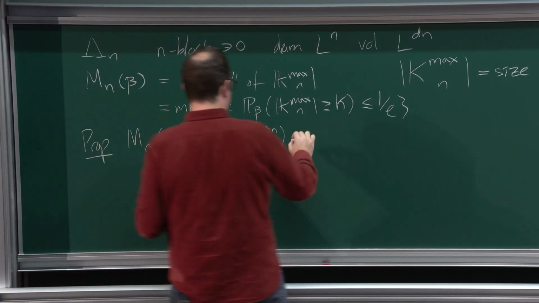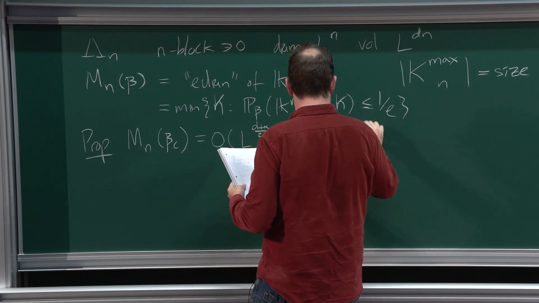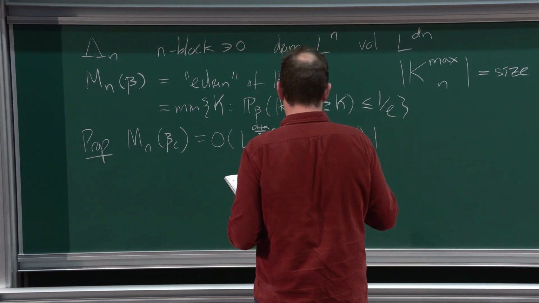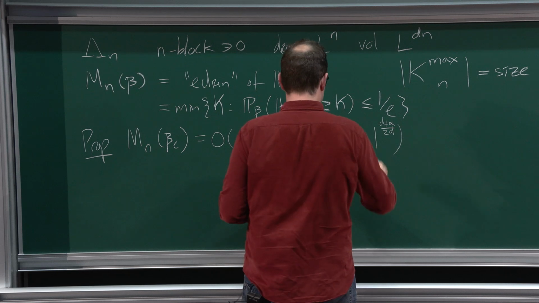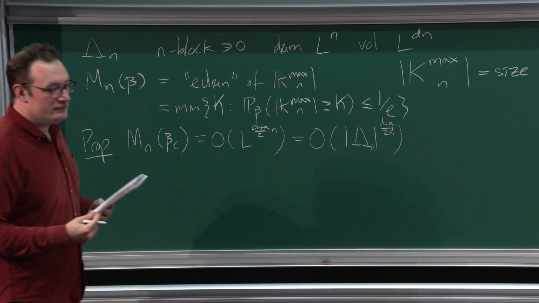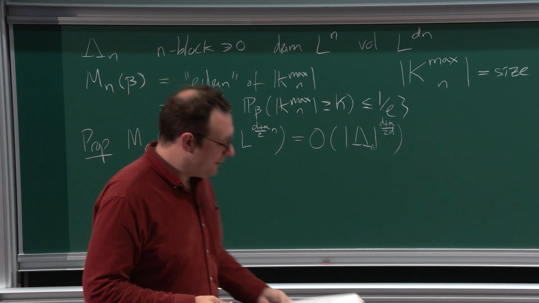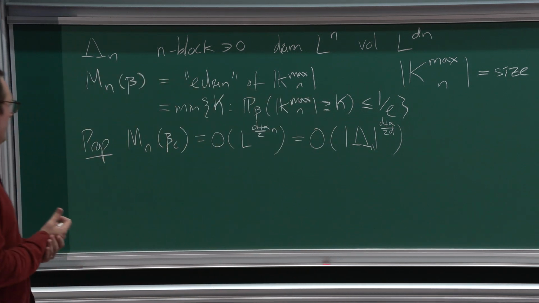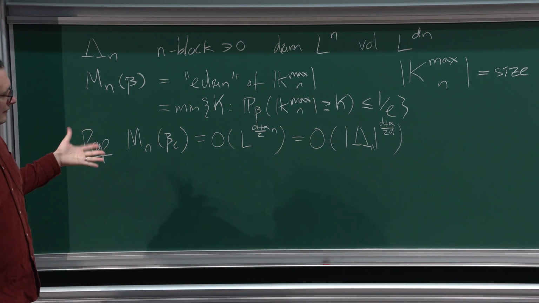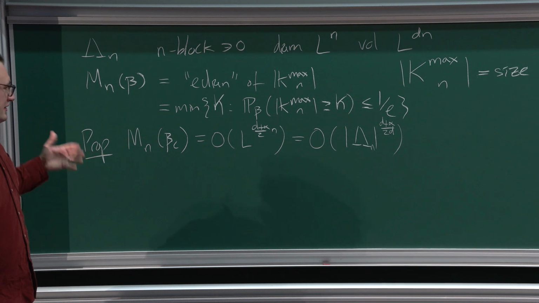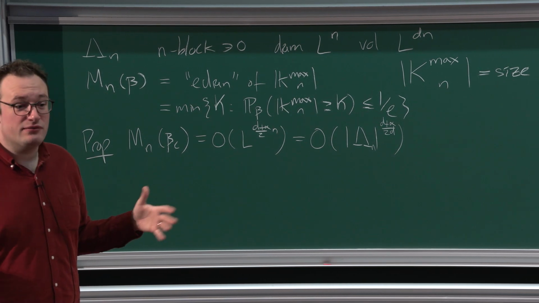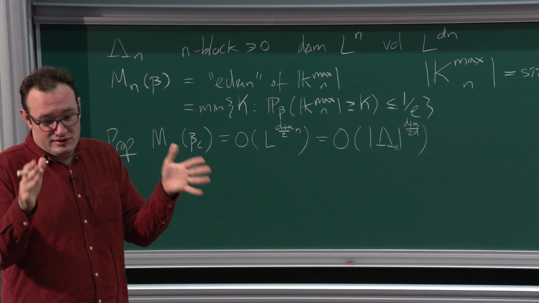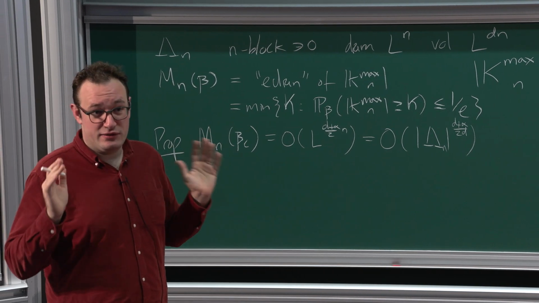Or it's maybe better to say it's big O of the volume of the box to the d plus alpha over 2d. So you can see this is already giving us something about some exponents, right? Not yet the 2-point function, but this exponent for how big the biggest cluster is in a box.